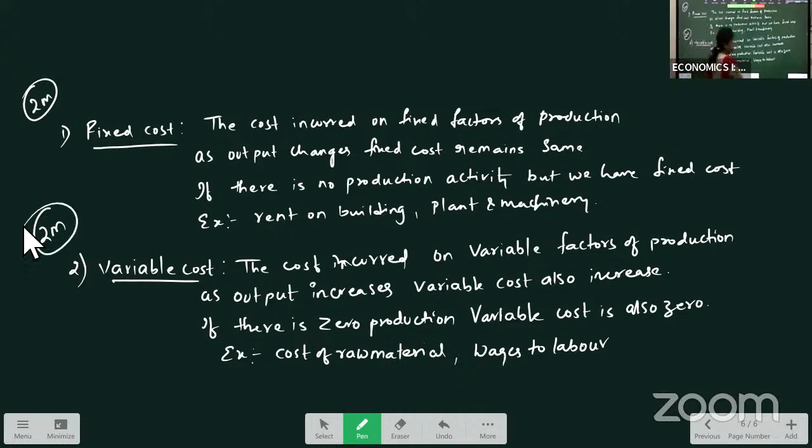Okay. Now, the next question we have, that is total cost. Total cost also you will get for 2 marks. What is total cost? It is the summation of fixed cost and variable cost.